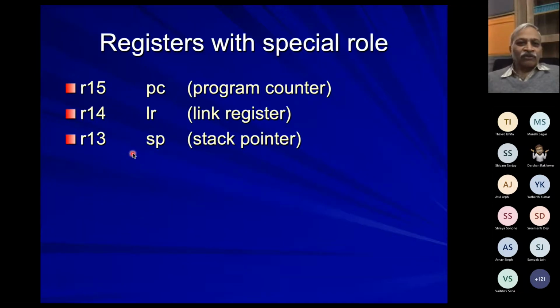Yes, that is true. That's the downside, but the upside is that the instructions which are applicable to general registers are applicable to these special registers also. So it's a debatable point, you have pluses and minuses.